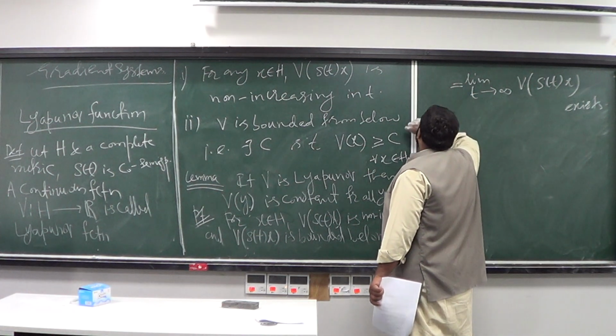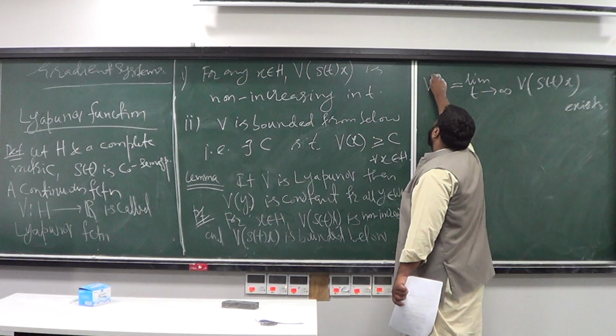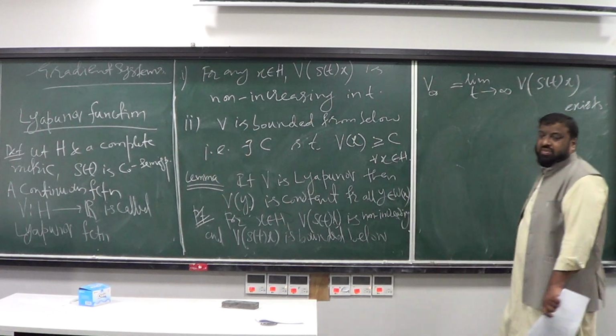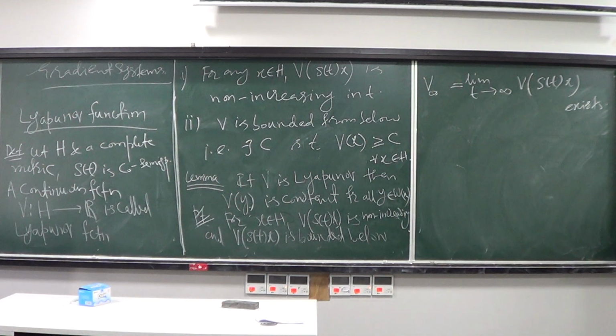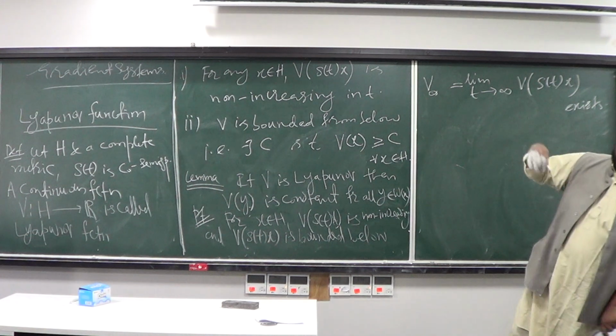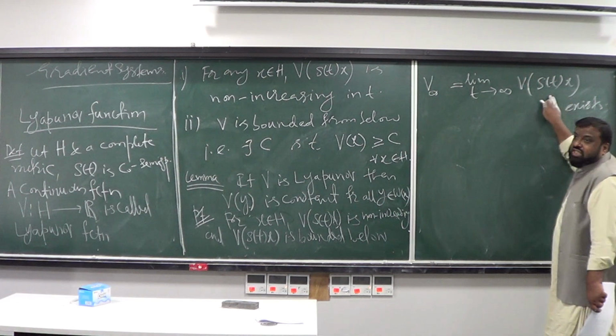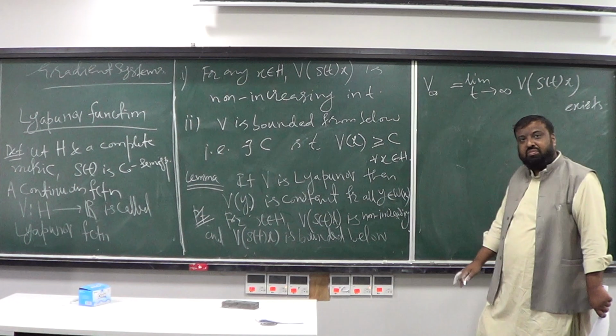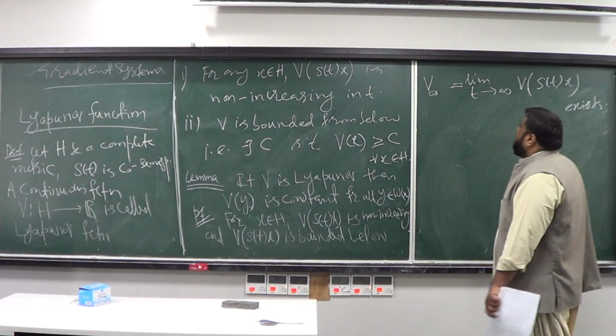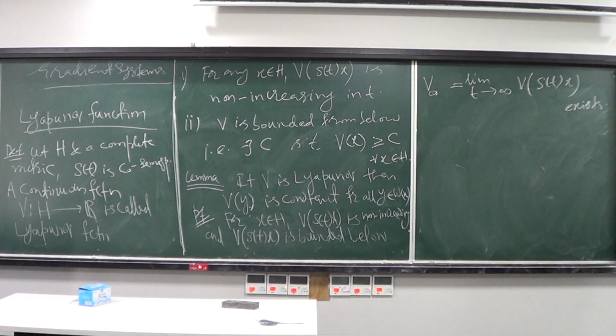Let's give this fixed limit a name, say v infinity. Now v infinity is a fixed constant, which is, by the monotone convergence theorem, an infimum of v of S of t x for all t bigger than or equal to 0.